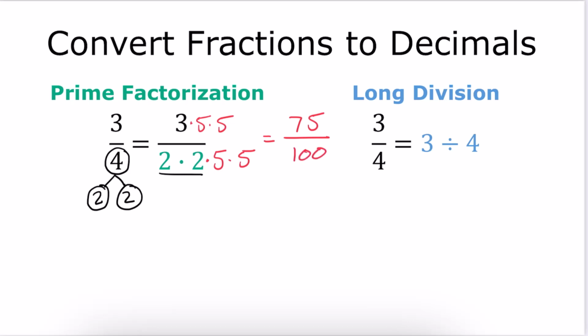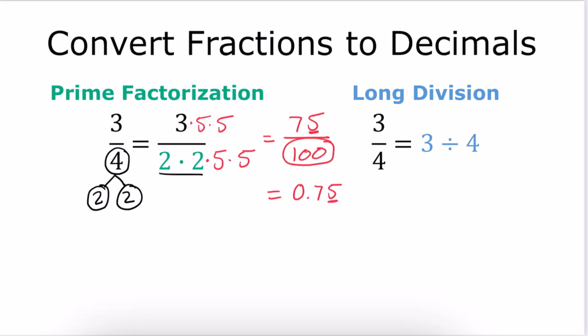So I get 75 hundredths, and then I can convert this into a decimal because 75 hundredths would be 0.75, where the 5 is in the hundredths place because the last digit of whatever's in your numerator needs to be in the last place value that's determined by the denominator of that special fraction with a power of 10. So that's how you would use the prime factorization method.